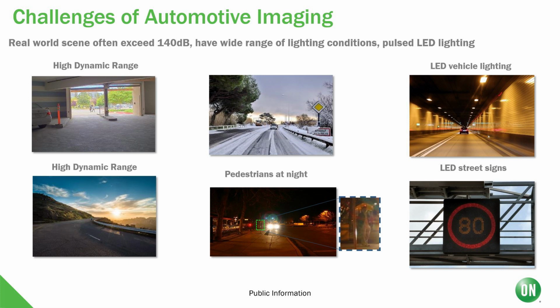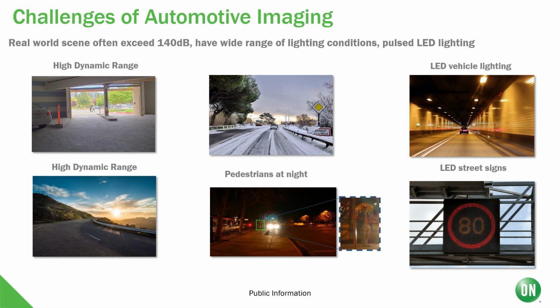In this example, a pedestrian at 30 meters away at night will have a very small spatial resolution, very far away, and in very low lux levels. So the sensor needs to see down to 1/2 quarter lux and have reasonable SNR, signal to noise ratio, so that scene, that image can go into the machine vision algorithm and correctly detect that there's a person.